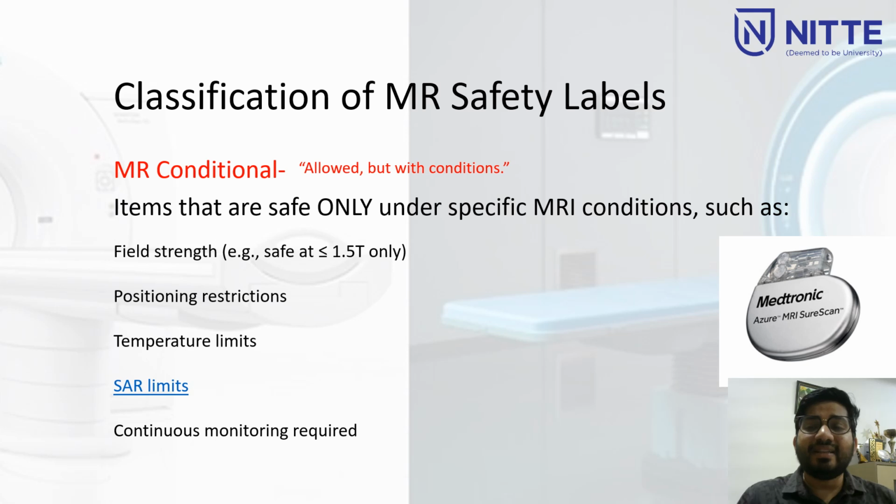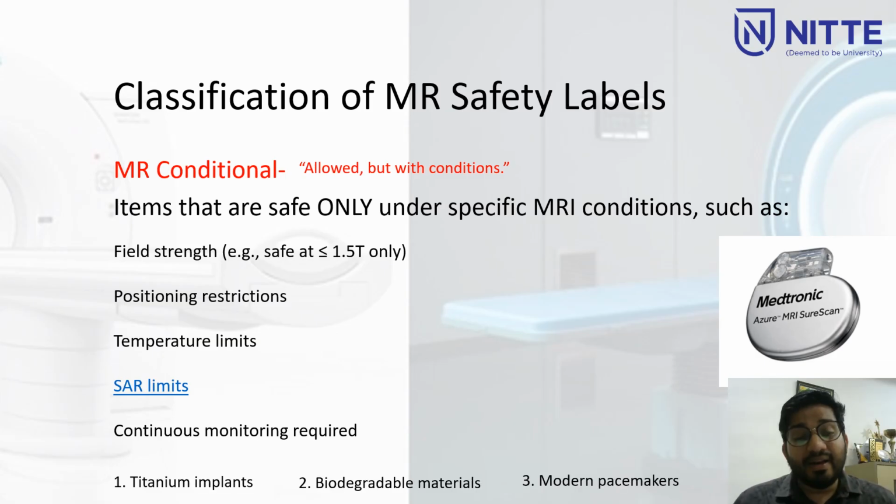It will be mentioned in the implant itself. So we have to make sure that the prescribed field strength is used, maybe safe at less than or equal to 1.5 T only. And also positioning restrictions will be there, temperature limit will be there, SAR limit will be there. Continuous monitoring is required in such conditions.